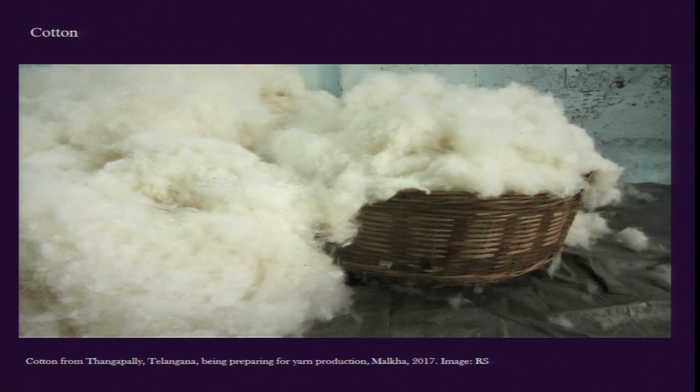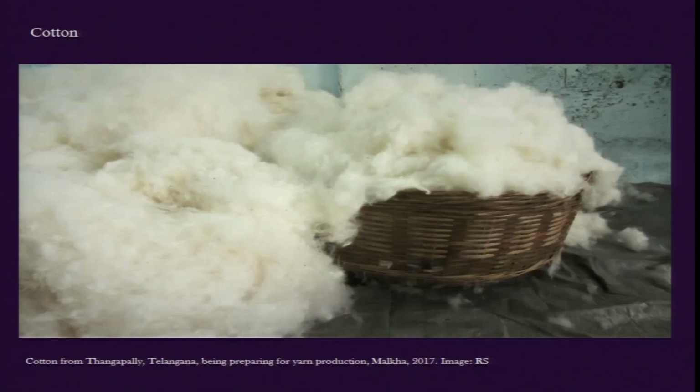However, after industrialization, we do see that there are dedicated places where cotton farming is encouraged, and today we see a lot of cotton seeds which are not really the desi or the indigenous qualities of cotton. In historic times, we do have a lot of varieties of cotton. Even today, as we see it on screen, it looks like a white cloud.